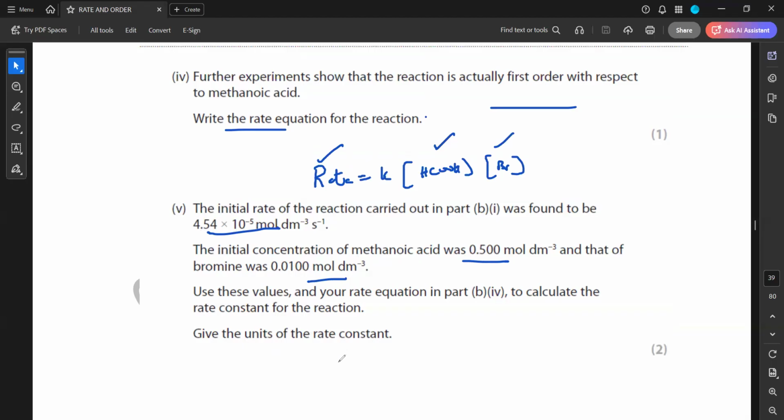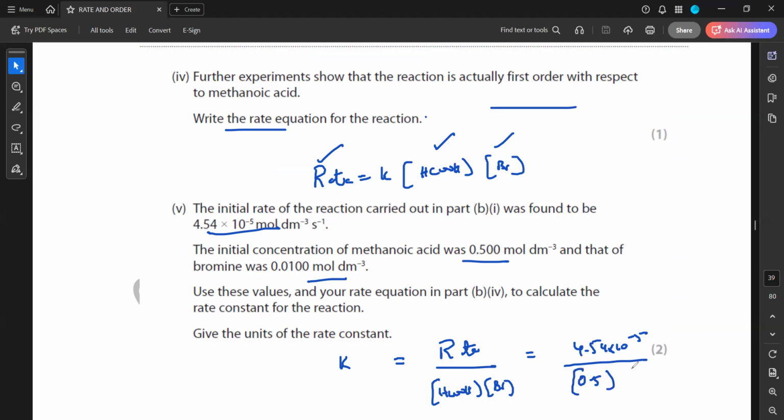If k is our subject, k equals rate divided by the concentration of methanoic acid and the concentration of bromine. So this will be 4.54 × 10^-5 divided by the concentration of methanoic acid, 0.5, and the concentration of bromine, 0.01. When you divide, you will get the value for k.